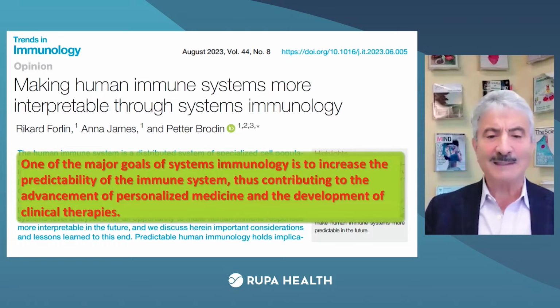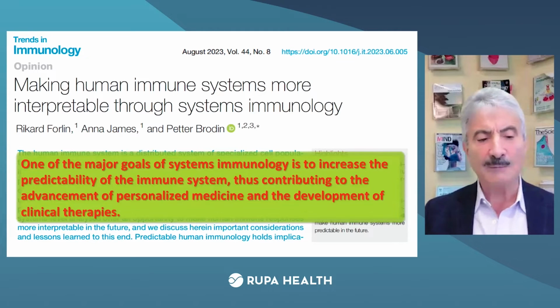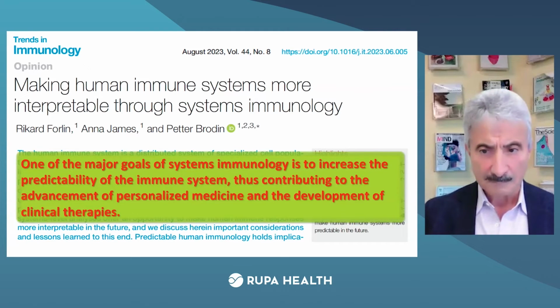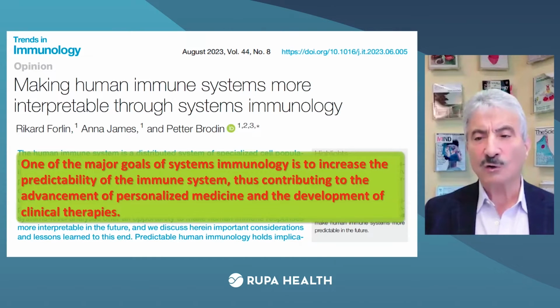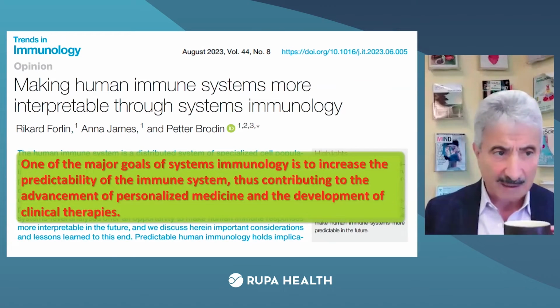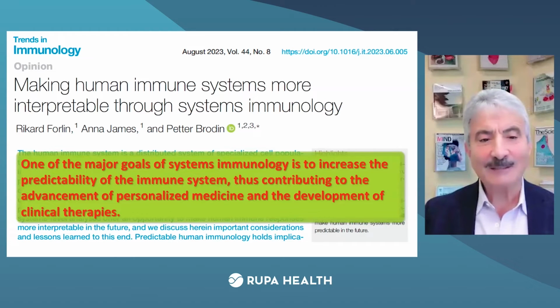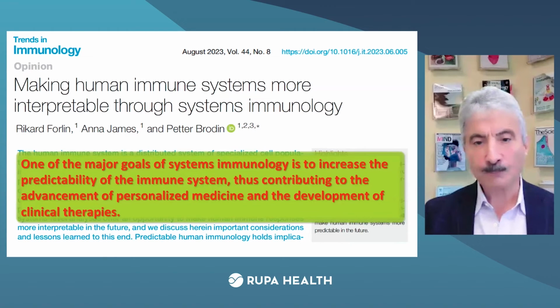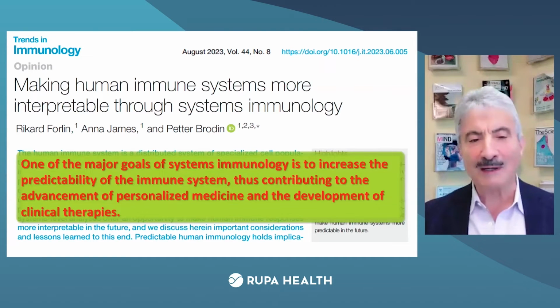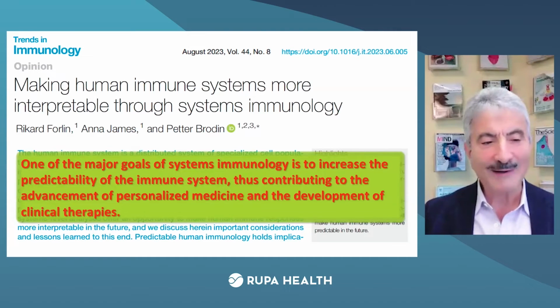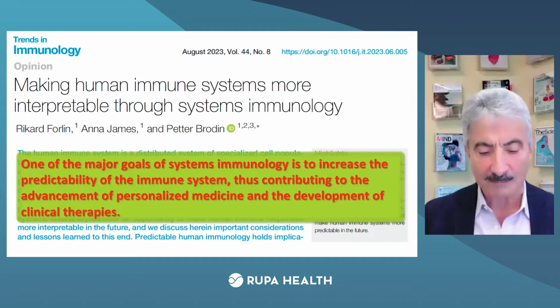Very elegantly, this issue of systems immunology was published in the journal Trends in Immunology in August 2023. Let's read the title of this article: Making Human Immune System More Interpretable Through Systems Immunology.